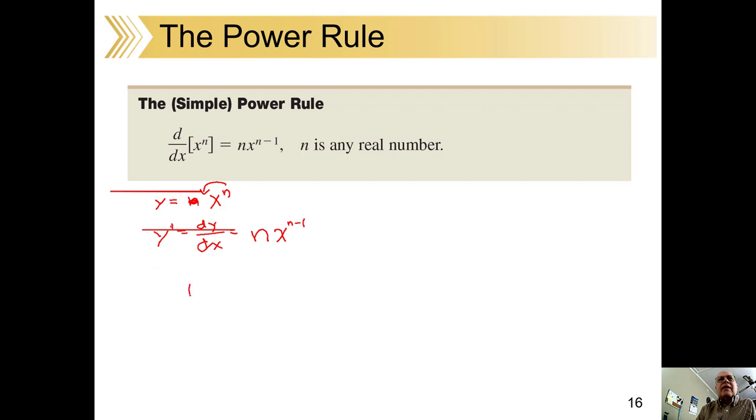So if we take an example, let's suppose I just say x to the 5th power. What's y prime? Bring the 5 out front and reduce the power of x by 1. And there's your derivative. Bring the exponent out front as a factor and reduce the exponent by 1.